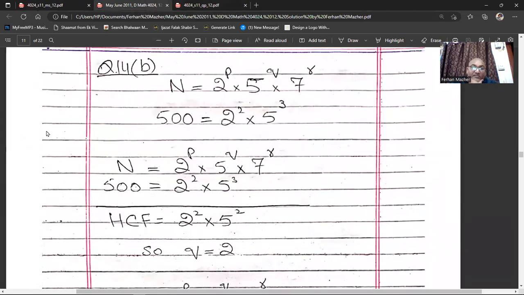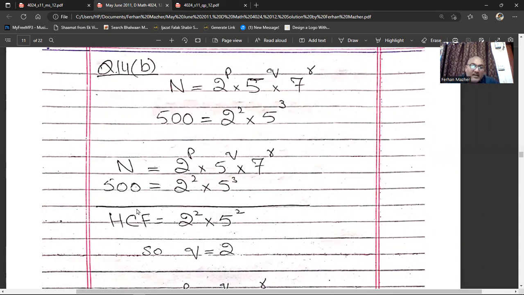So this is n, which is 2 raised to power p, 5 raised to power q, 7 raised to power r. And then that 500, that is 2 square into 5 cube. They say that the HCF between them is 2 square into 5 square. So I am going to look for the number which is common, and the HCF is already given, which is 2 raised to power 2 into 5 raised to power 2.